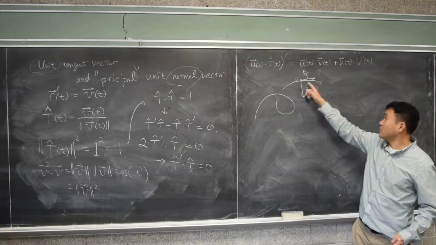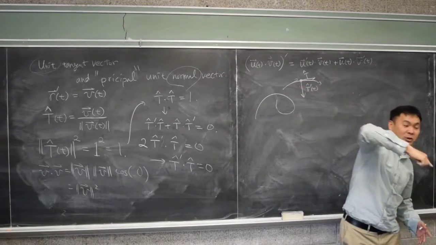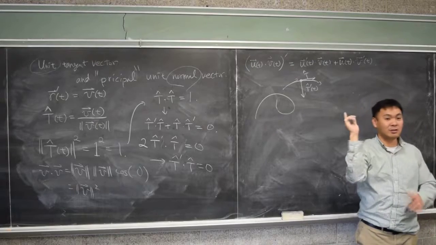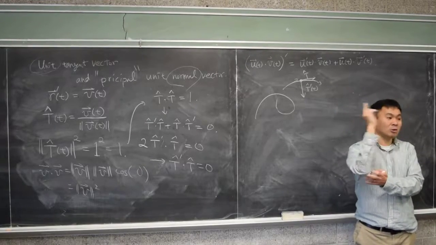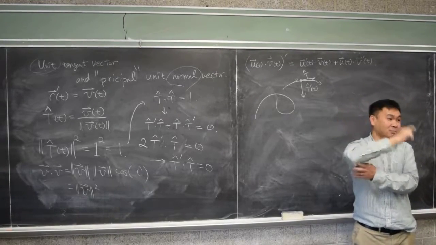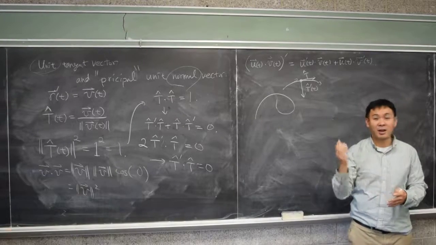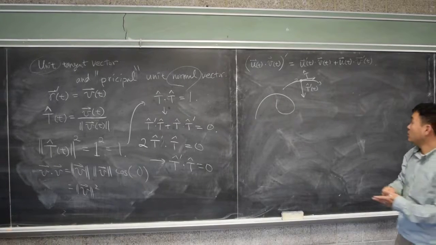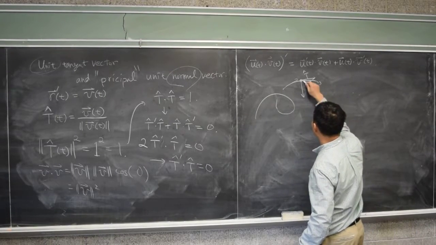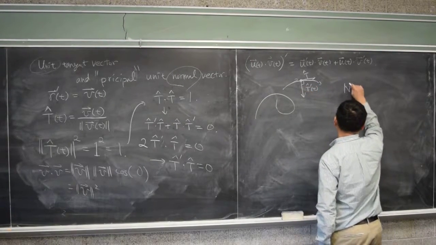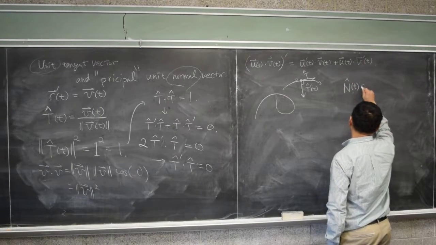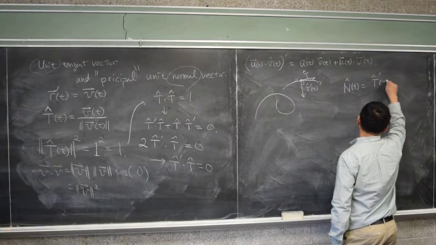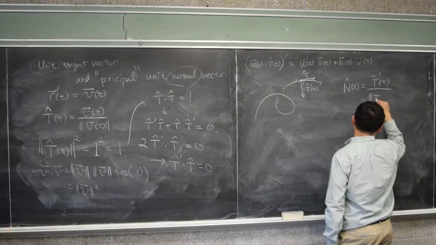So let's see, if T is going this way, it's bending that way, then what's happening to the unit tangent vector is it's bending in one direction, right? And the derivative keeps track of which way it's changing. So this is perpendicular like that, and the principal unit normal vector is defined as taking this derivative and dividing it by its size.